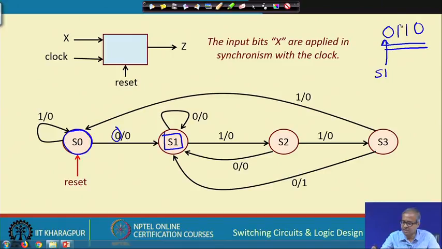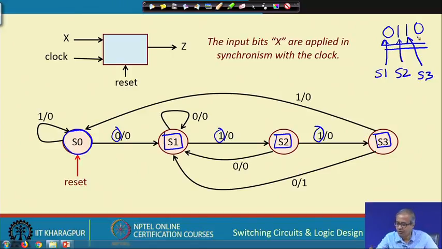While in S1, if I see a 1, I go to state S2. Similarly, if I see another 1, I go to state S3.